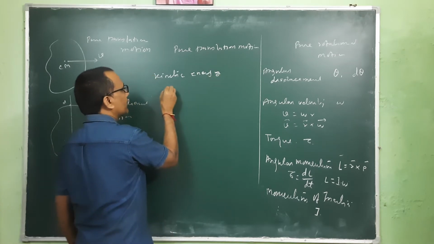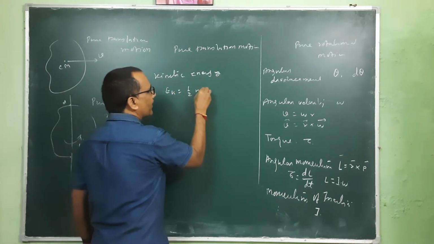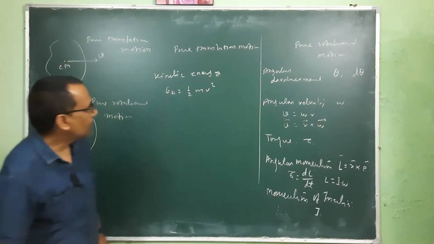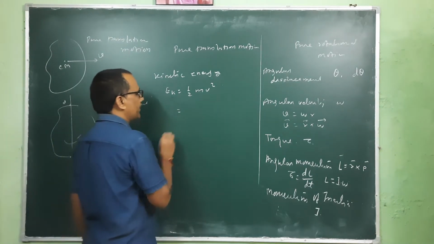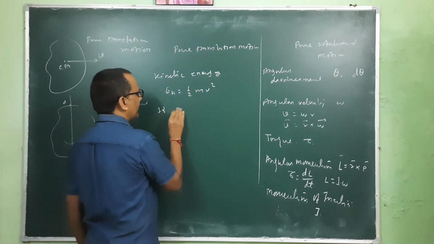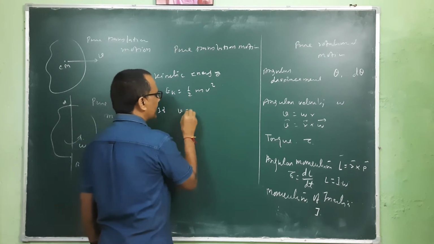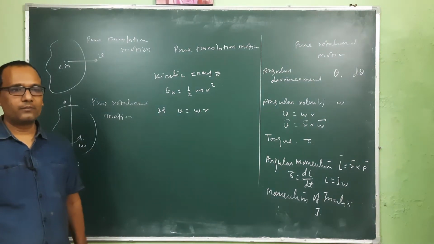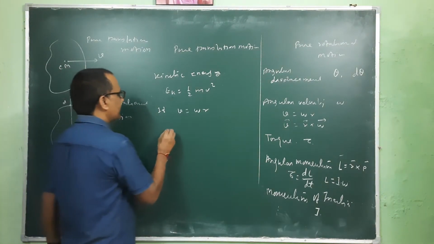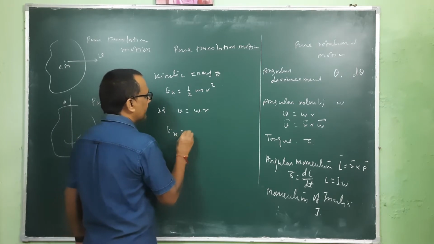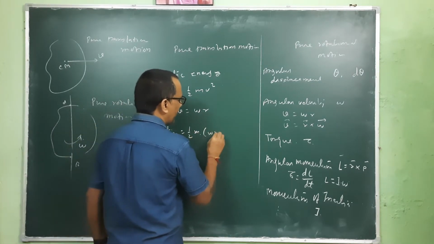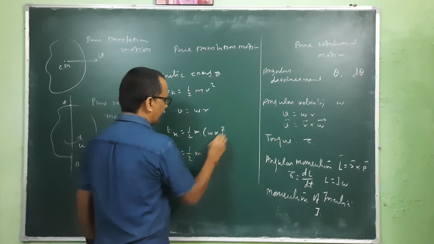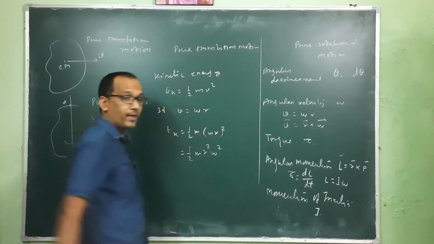Kinetic energy in translational motion is Ek equals half mv square. If we take v as equivalent to omega multiplied by r, to transform into rotational motion, then Ek is equivalent to half mass multiplied by (omega r) squared, and this is equal to half mr square multiplied by omega square.